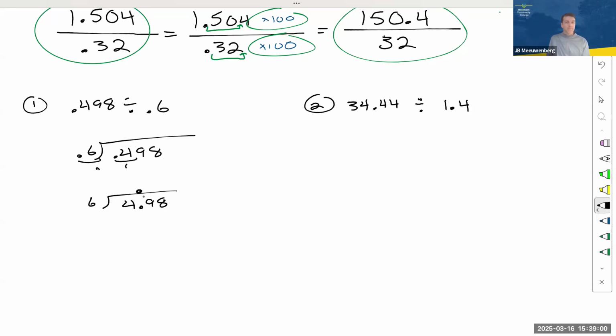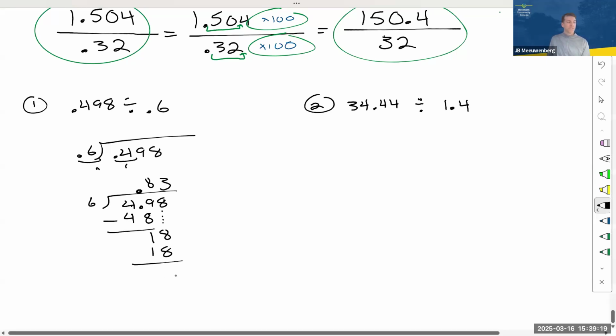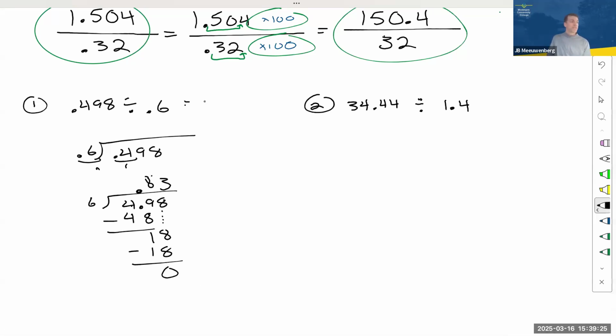Bring your decimal point straight up. 6 does not go into 4, but it does go into 49 8 times. 8 times 6 is 48. Subtract to get 1. Bring down that next digit of 8, and 6 divides into 18 3 times exactly, so we end up with a remainder of 0. So our answer is 83 hundredths, or 0.83.